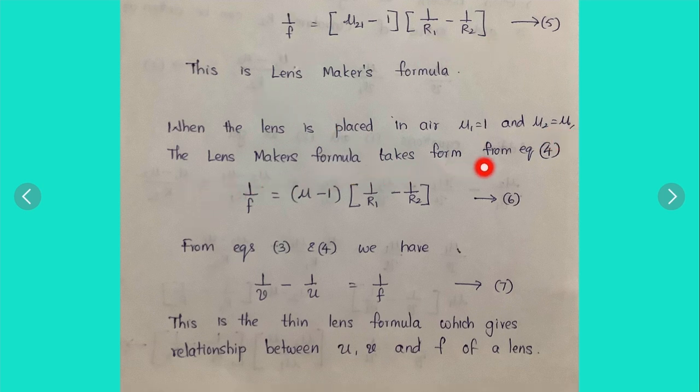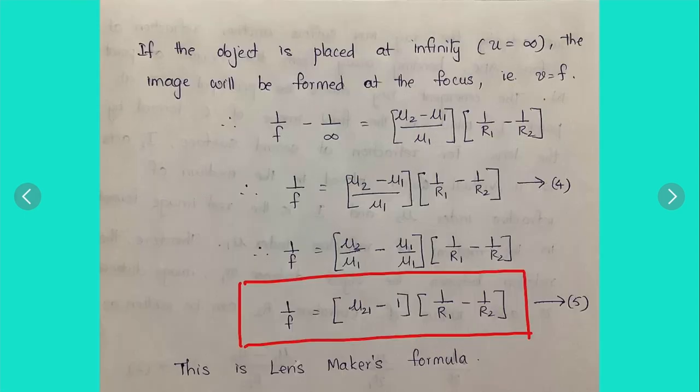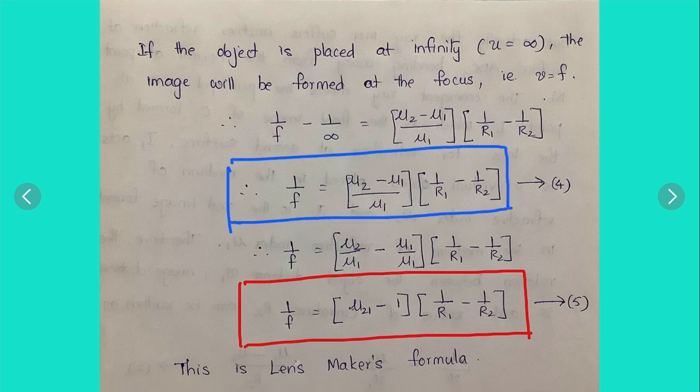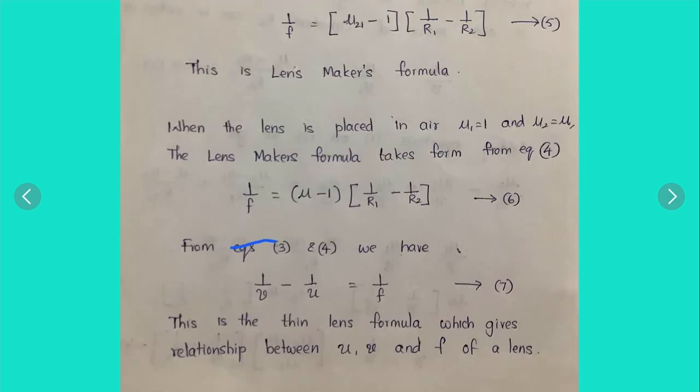Equation 4 means this one, which I am marking with a blue color box. I will take this to the next page. 1 by f is equal to (mu minus 1) into (1 by r1 minus 1 by r2).